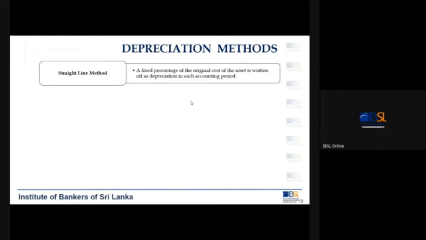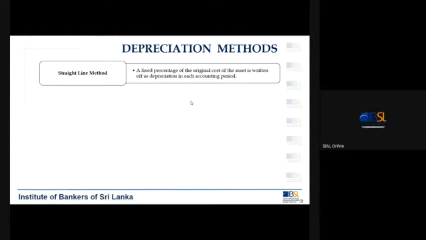Sometimes they might give the residual value, but they say depreciation on cost. Yes, we always depreciate on cost, but when you say cost, if there is a residual value given, then you have to consider that also. That is where it is important. You need to be mindful that if there is a residual value, you need to consider that.